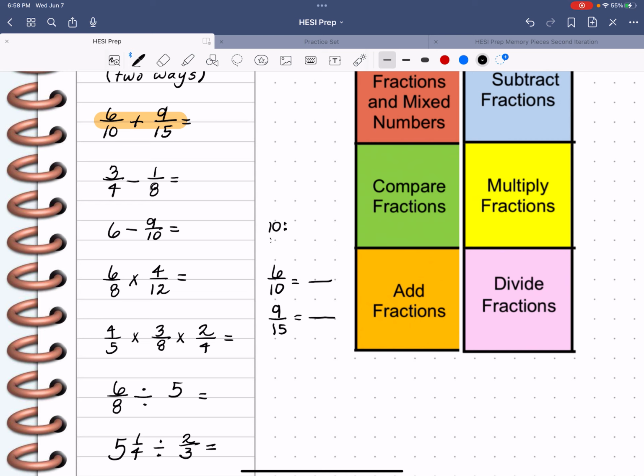Remember this process where we find the least common multiple. 10, 20, 30, 15, 30. So you see how they both have the 30? That's the common denominator that I want to use.